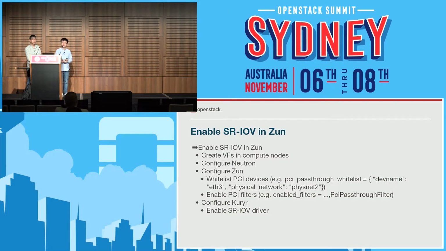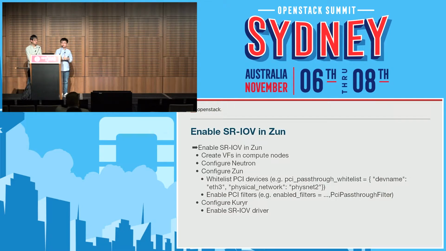The steps to enable the SR-IOV feature in Zun are as follows. First, the cloud operator needs to create a set of VFs and then configure Neutron to run the SR-IOV agents.